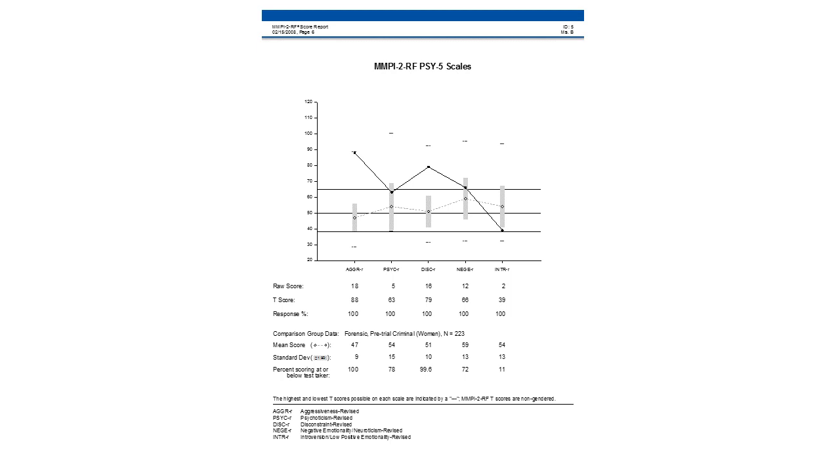And similarly with the PSY-5 scales, you see a maxed out aggressiveness scale and disconstraint, which is extremely behaviorally dysregulated. And if I looked at this profile in isolation, this might well be someone who's highly psychopathic or antisocial, which is why, again, we don't interpret profiles in isolation.